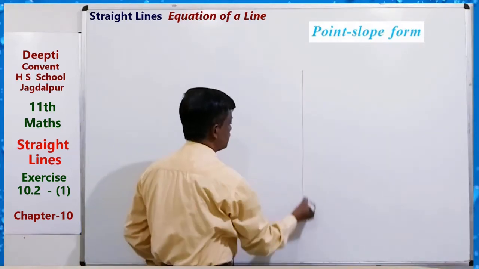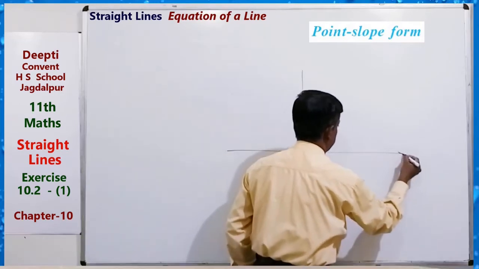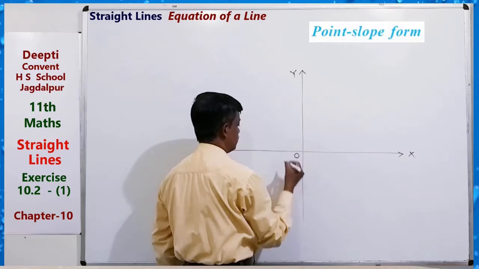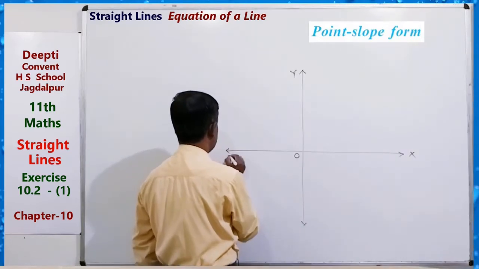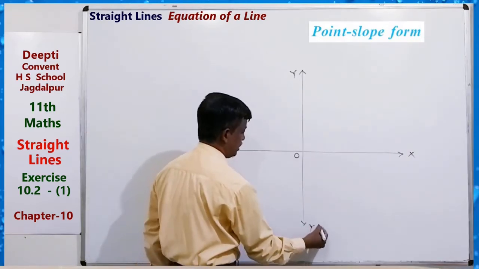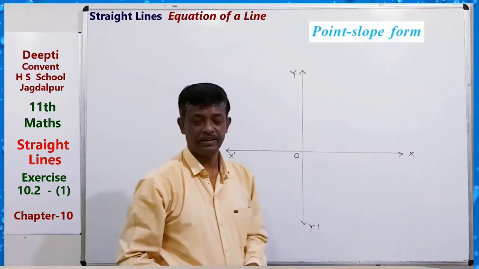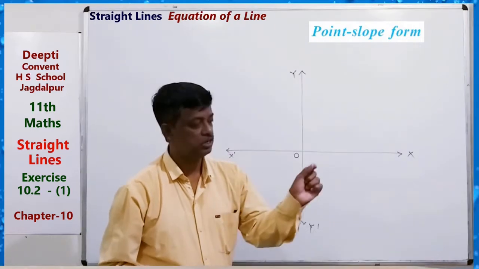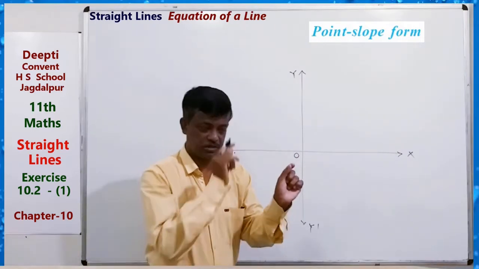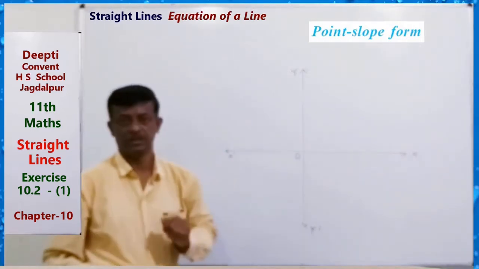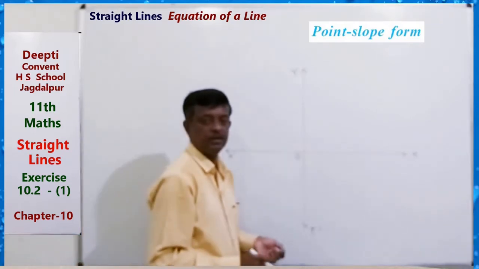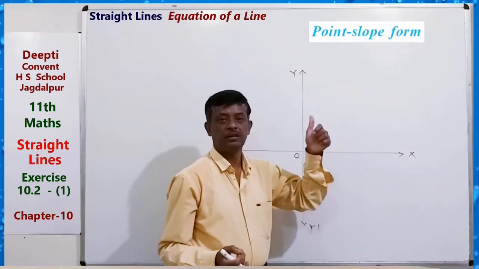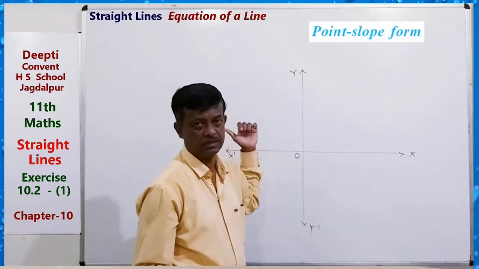Suppose this is our frame, x-axis, y-axis, origin is here, x dash, y dash. Now a line passes through a point and has slope m. We know the slope is tan theta, the tan of the angle which the line makes with the positive direction of the x-axis.